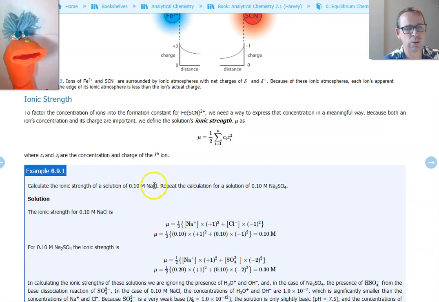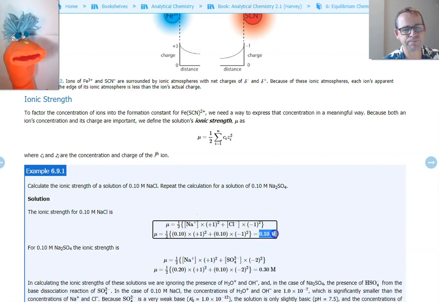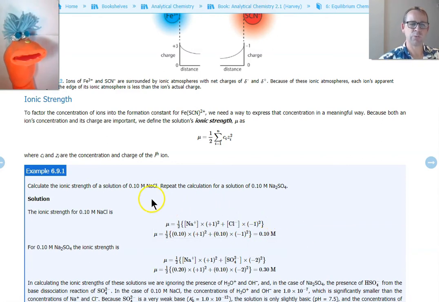The ionic strength is the sodium ion concentration times 1 squared plus the chloride ion concentration times 1 squared, and then you take the sum of all that and divide by 2, and you get the same value as the concentration. So for simple solutions where you just have a singly charged cation and singly charged anion, the concentration is the ionic strength.